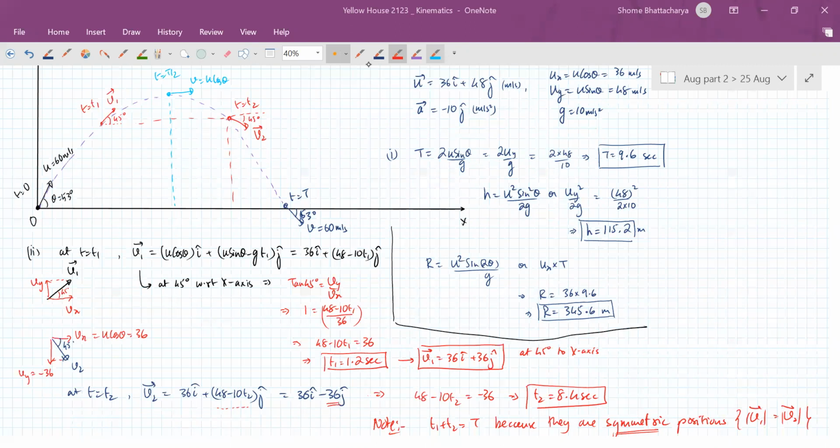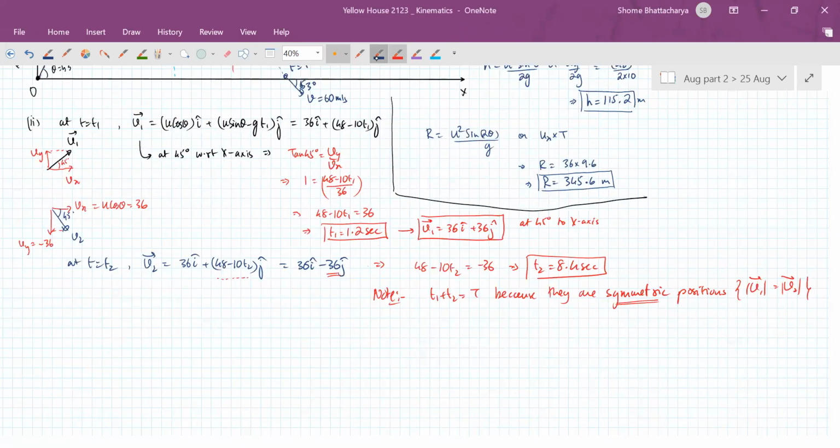Okay. Yes, Kirti, your third answer is correct. Very good. So the third part's answer is that at t equal to T by 2, the velocity becomes purely horizontal.